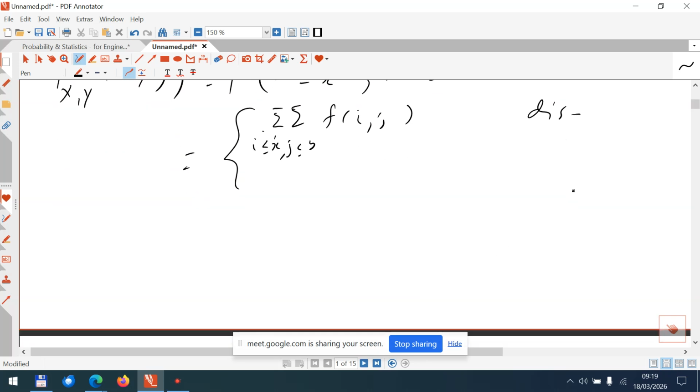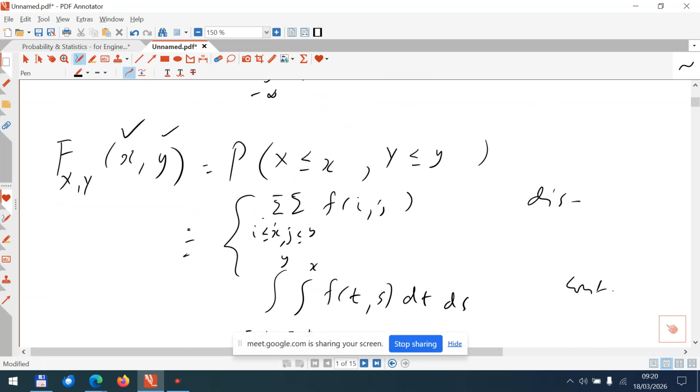And for continuous, it would be a double integral. I can use dummy variables again, let's say t comma s. So it would be dt ds, and t goes from minus infinity to small x, and s goes from minus infinity to small y, because I need this x and y at the end.